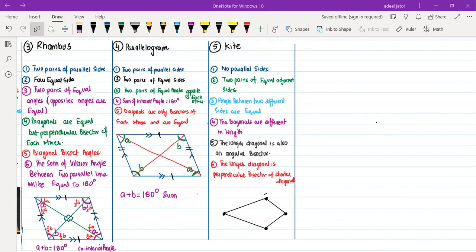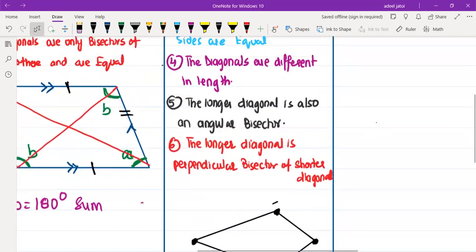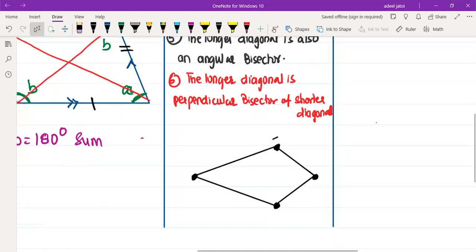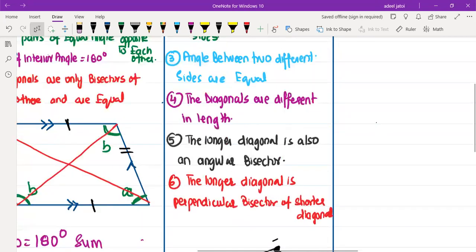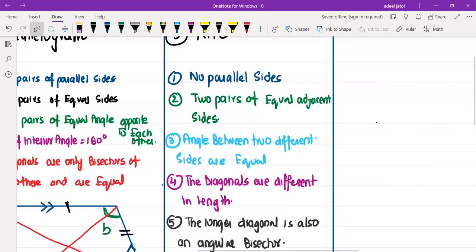Now in this particular kite, you need to understand that no parallel sides are there. So obviously all the sides are moving in different directions. They are not in the same direction. The second says two pairs of equal adjacent sides.